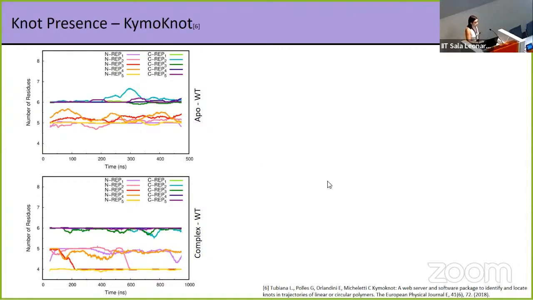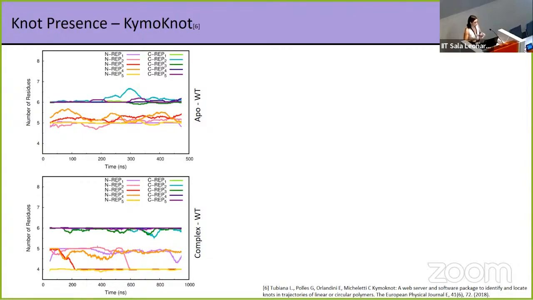And here we can see on top in the apo structure that in the N terminus, we have around 5 residues that are involved in the knot, while in the C terminus, we have around 6 residues. When we move to the complex form, once again, in the C terminus, we have exactly the same thing, around 6 residues. However, when we look at the N terminus, the story is a bit different because 4 of the 5 replicates actually start with the 5 residues, just like the apo structure.